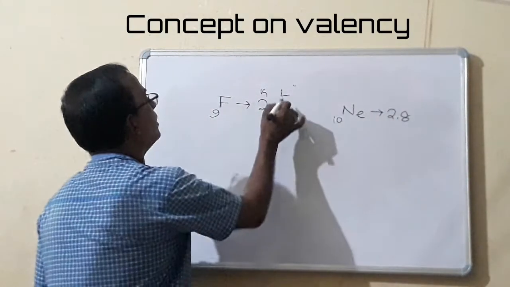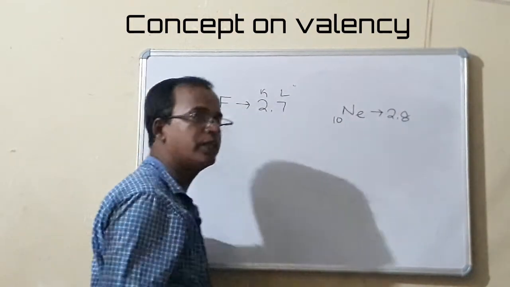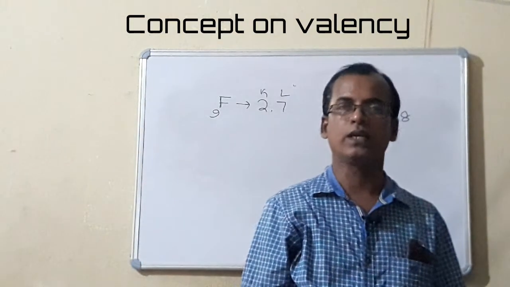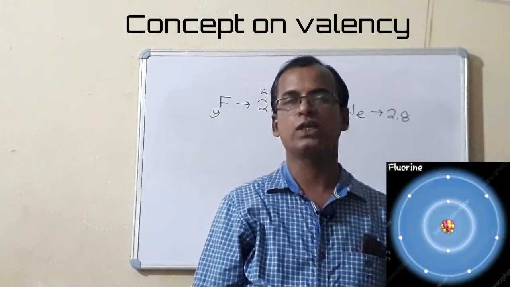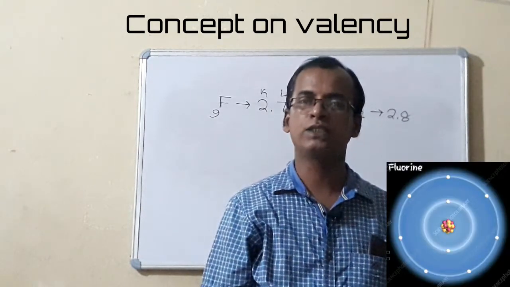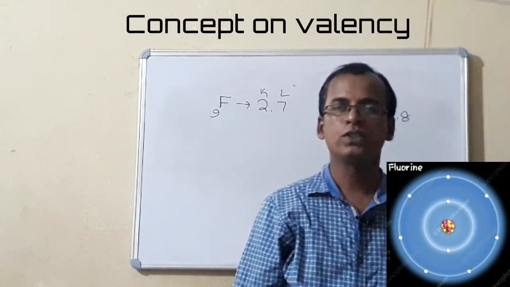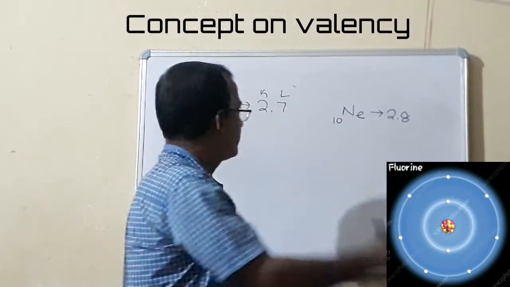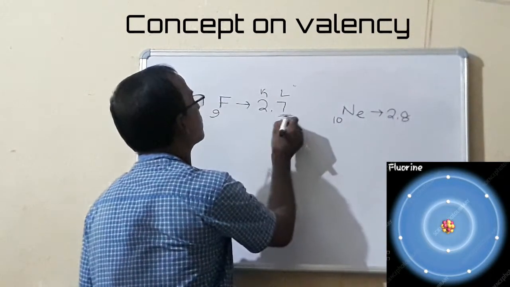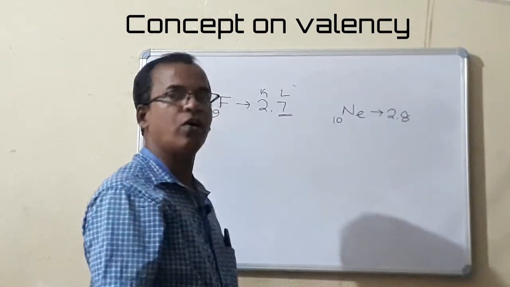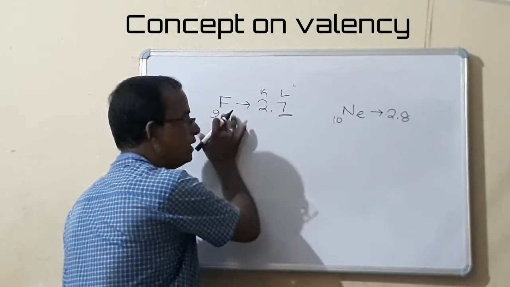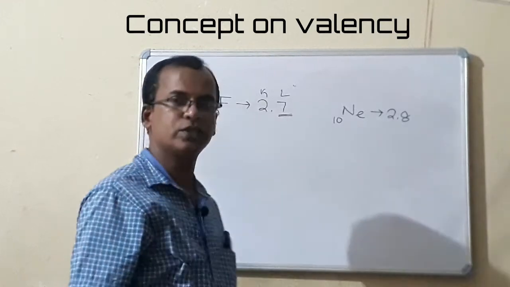But fluorine has 7 electrons in its valence shell, that means in the outermost shell. So the number of valence electrons is 7, but it is not easy for fluorine to donate 7 electrons.